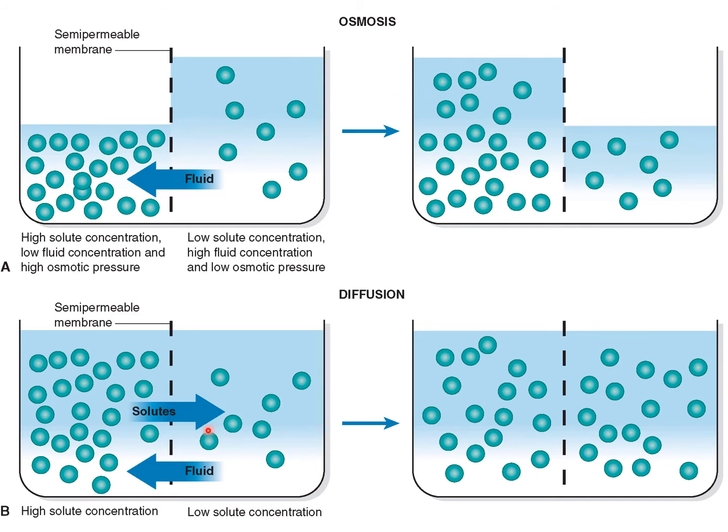Diffusion, on the other hand, you've got both the ions, in this case sodium chloride, moving, as well as the fluid going the other way. And again, the same thing happens. The concentration wants to be the same on both sides. There's actually a pressure gradient that's set up, and so the fluid moves from this direction here, and the solute moves this way, and you end up with an even concentration on both sides, and no change in the water level.